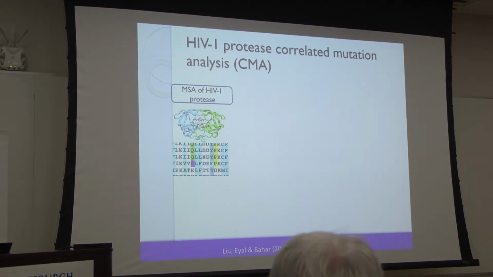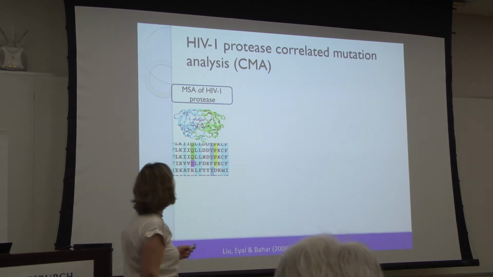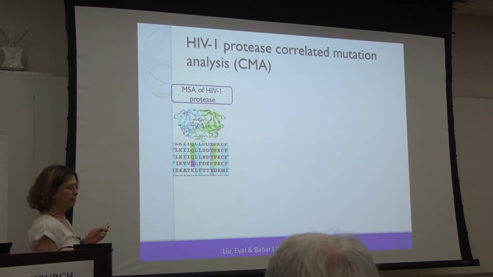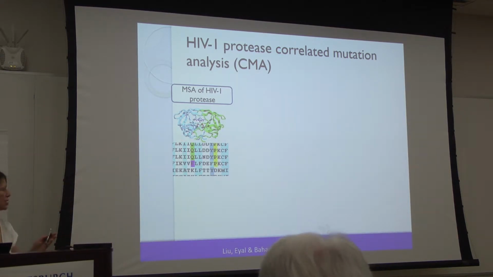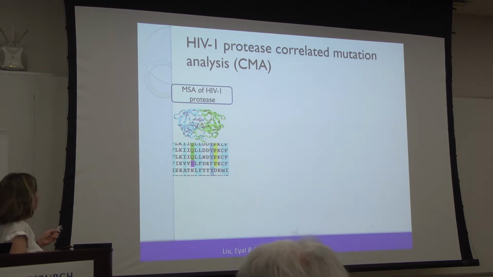All right, one of the intermediate values done in the very beginning of his PhD thesis, Ying did, was to take HIV proteases from a database of sequences maintained by Stanford.